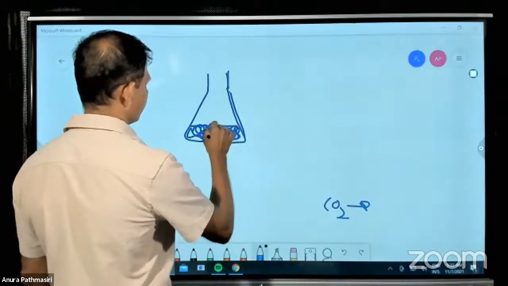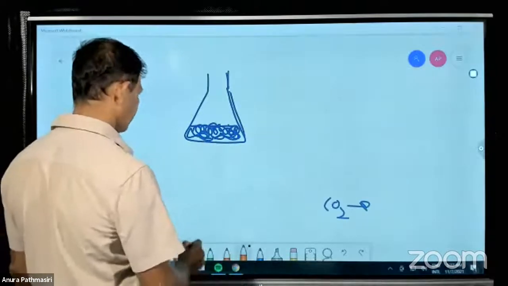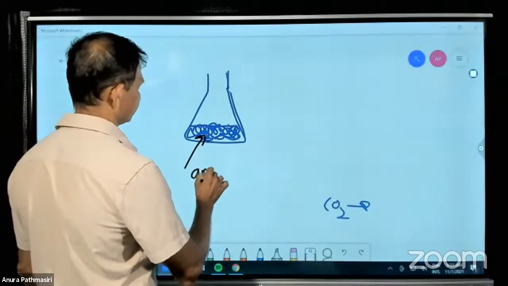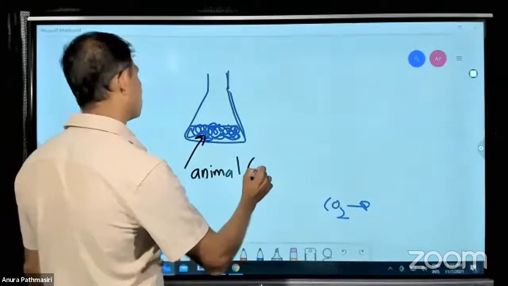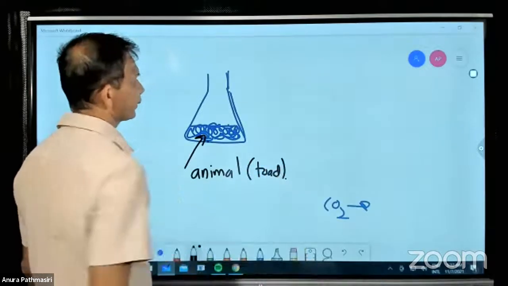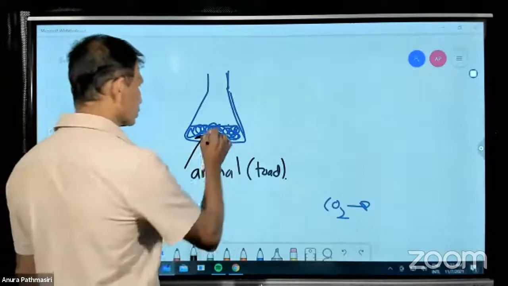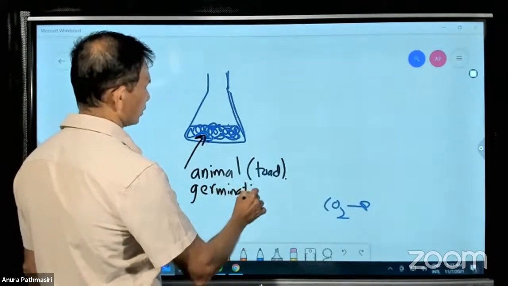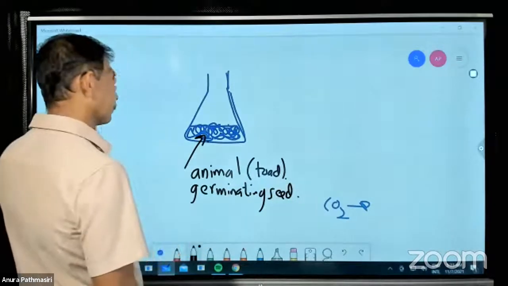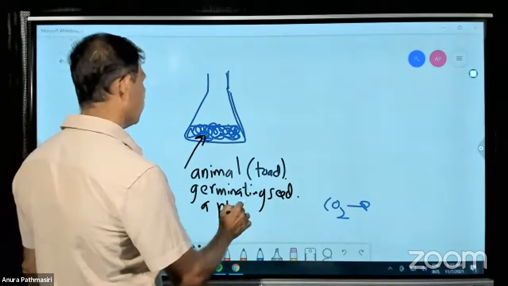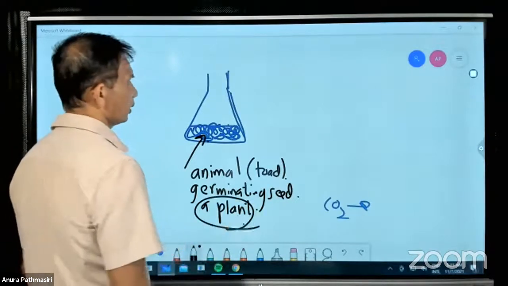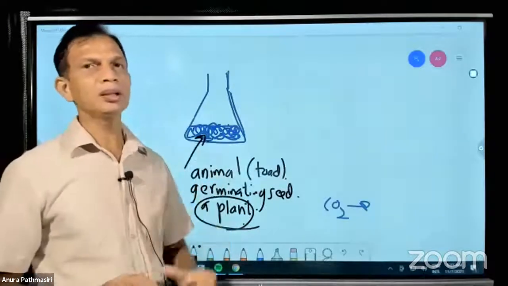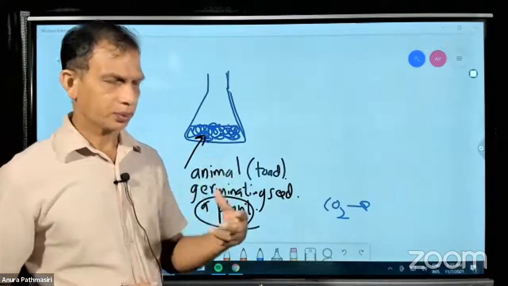You can use living materials: an animal such as a toad, or germinating seeds, or a plant, but it is not that successful because the carbon dioxide produced might be taken back by the plant for photosynthesis.